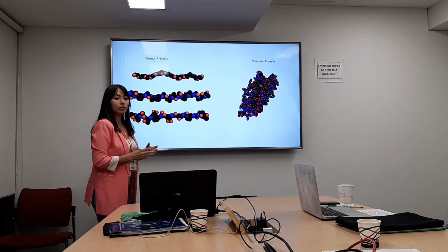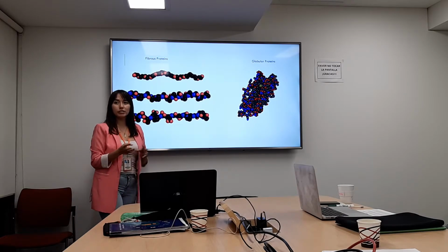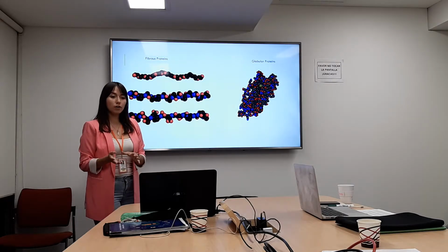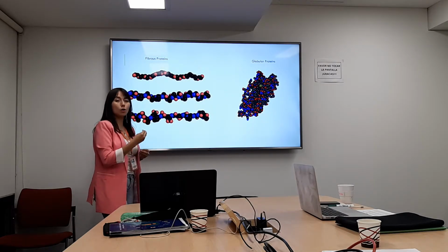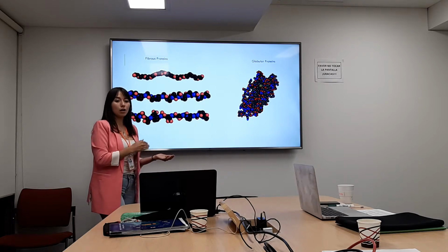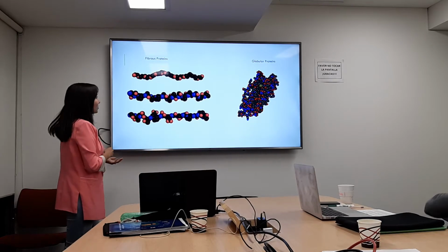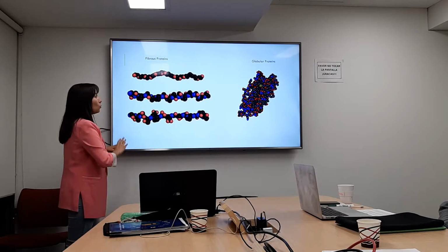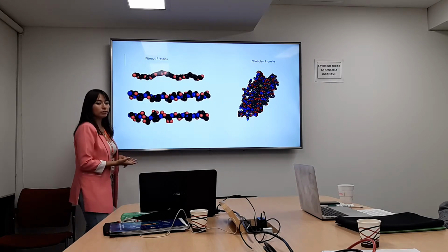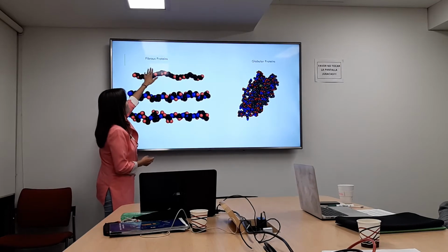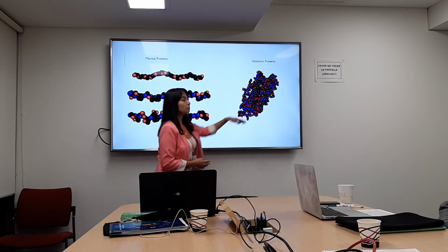Finally, the combination of the repeating amino acids in a protein is what gives its function, and it depends on the size and the conformation of the functional groups of their amino acids. There is a wide range of proteins, but the majority of them can be classified into fibrous proteins and globular proteins.